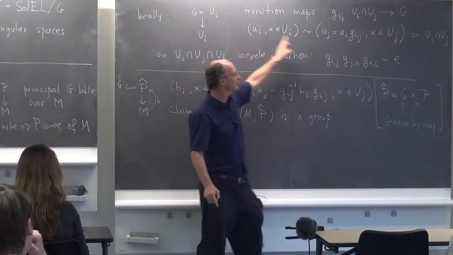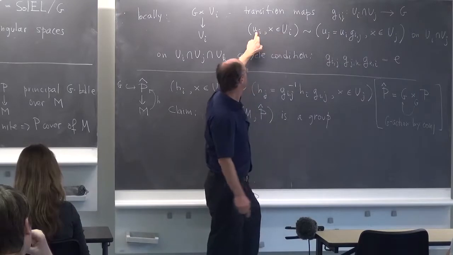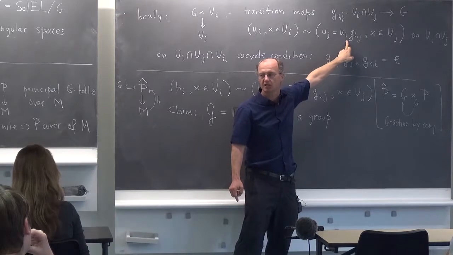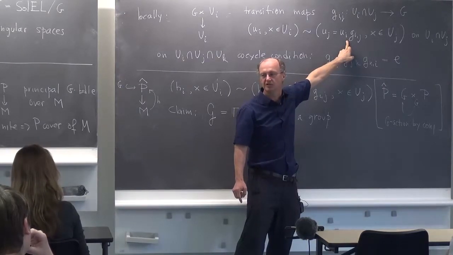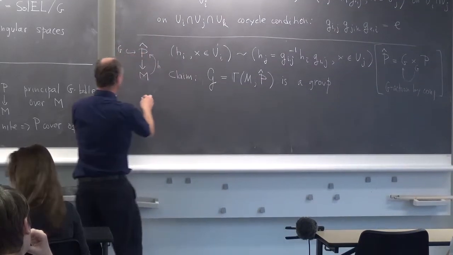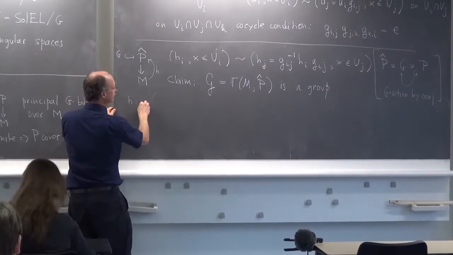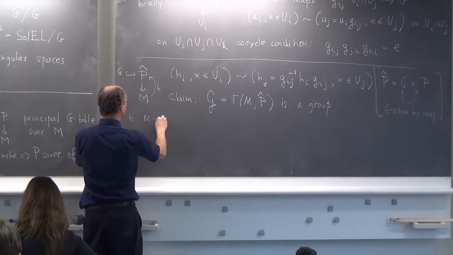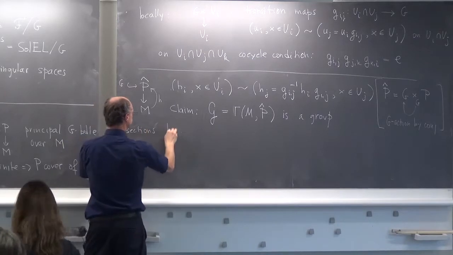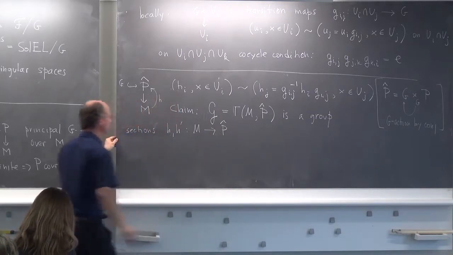Note that nothing like this happens here, right? So here I multiply two u's, u and u prime. I go to the other side. I get a complete mess, right? So maybe let's do this calculation more explicitly. So let's say we have two sections, h and h prime, from M to P hat.